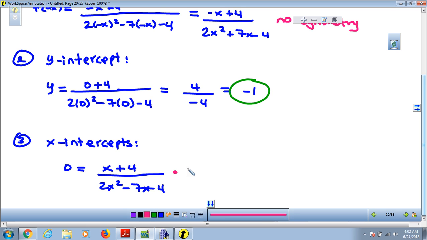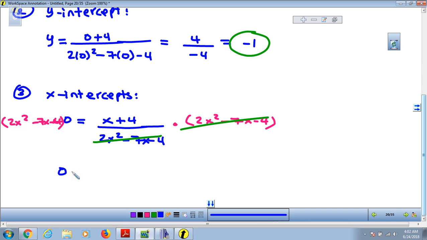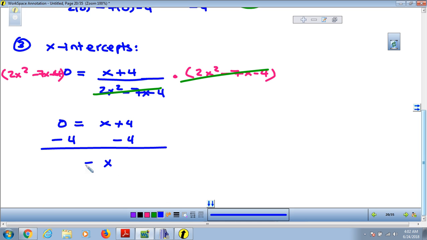So what I do is I multiply both sides by the denominator. So then these two cancel. Left side is going to be 0 because all of this multiplied times 0 is simply 0. I subtract 4. So x is equal to 0 minus 4, negative 4. That's what my x-intercept is going to be. I just have one.